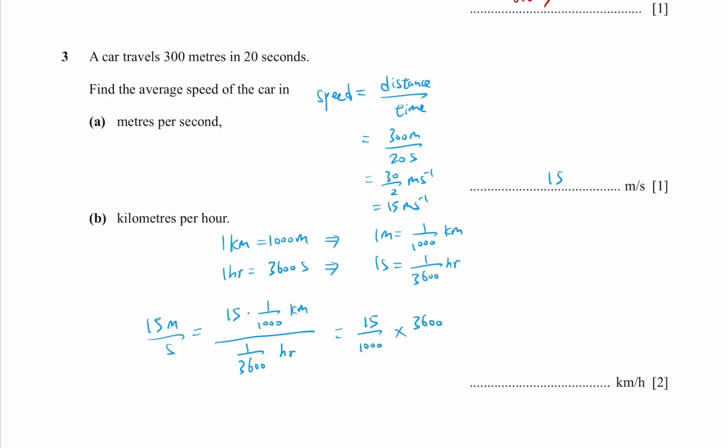To simplify the terms, cross out the zeros, and then it becomes 15 and 10, and then becomes 3 over 2 times 36, which is 36 divided by 2, which is 18. 18 times 3 is 54. So the answer is 54 kilometers per hour.